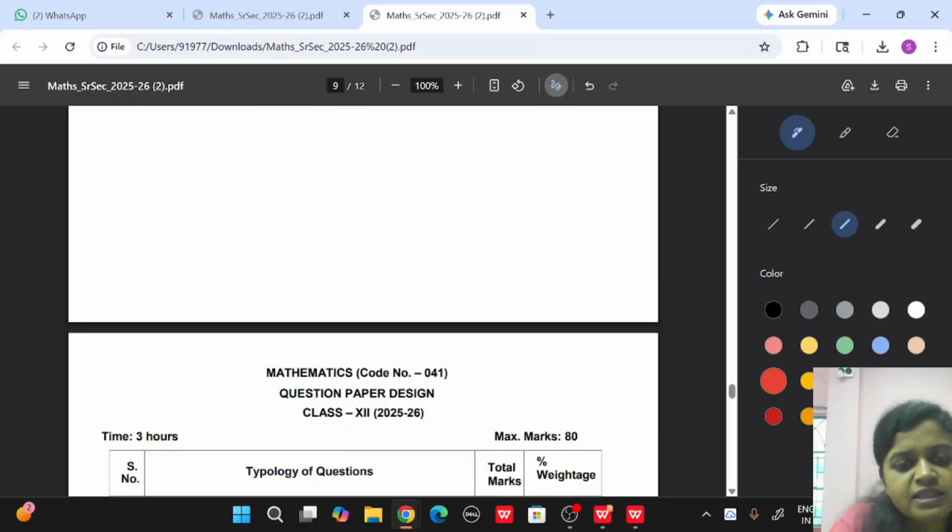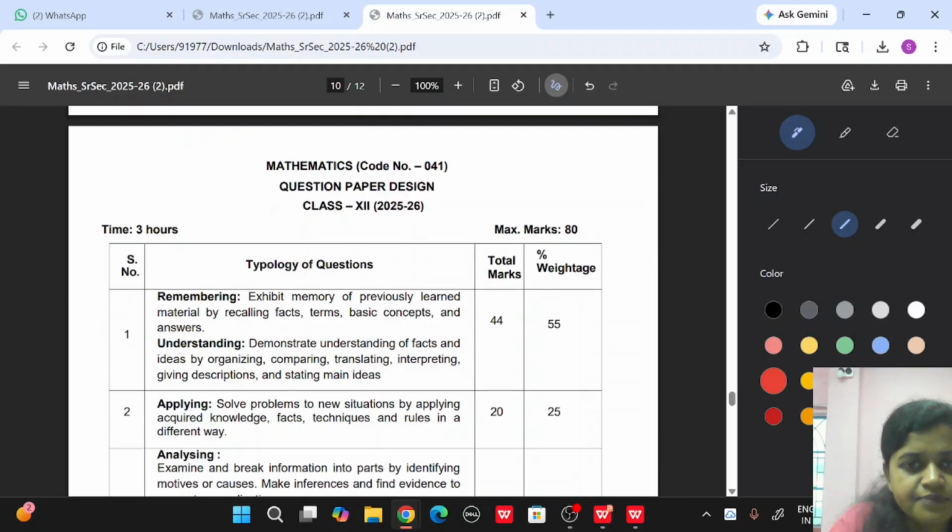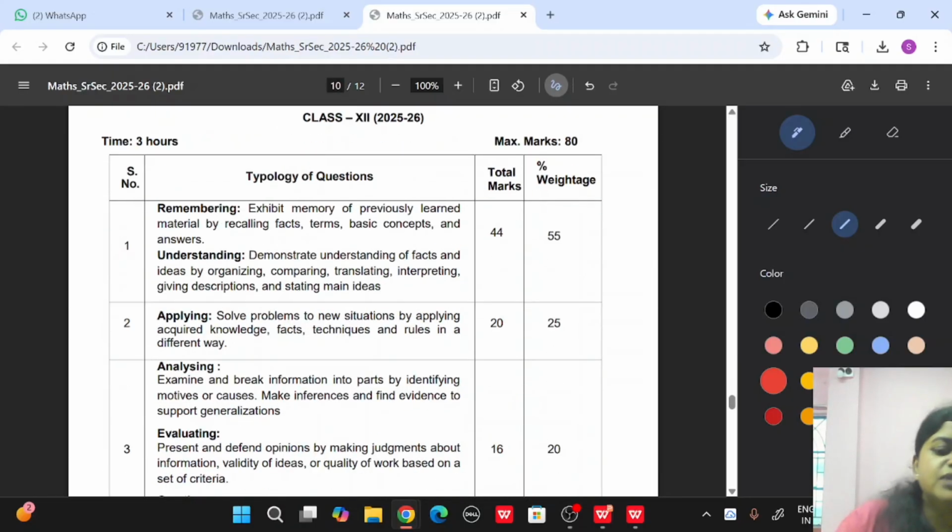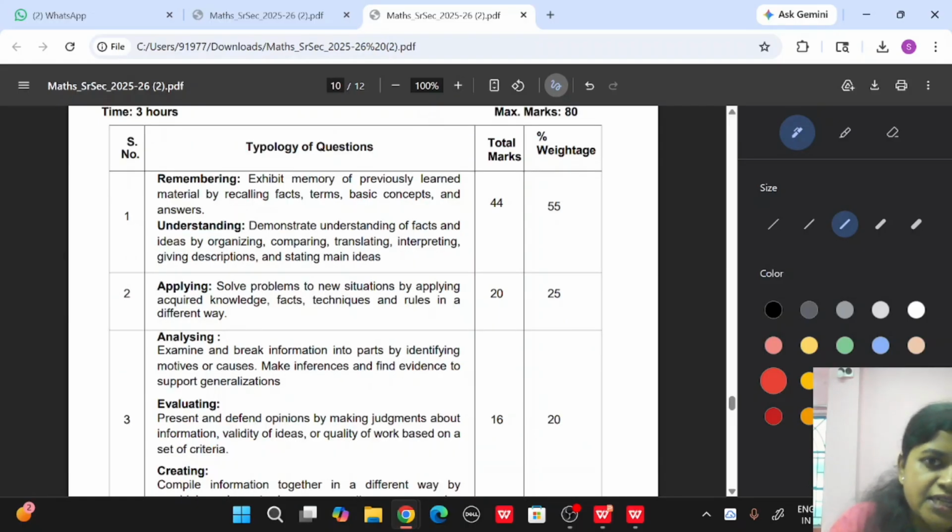Now we will discuss the mathematics question paper design, similar to what we discussed for class 11. First priority is remembering and understanding. For each topic you have to remember facts and concepts, and also understand the concept. For this skill, 44 marks are allotted.